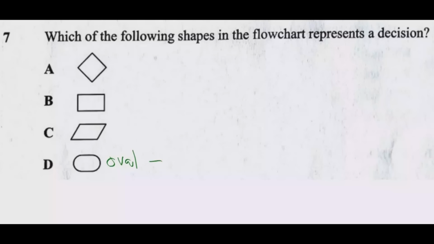The oval symbolizes start or end in a flowchart.